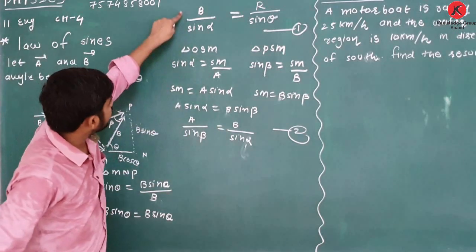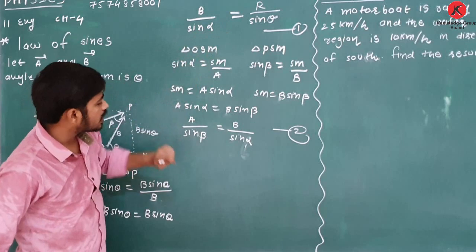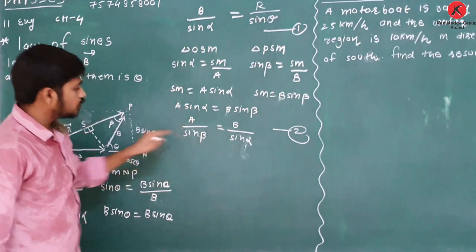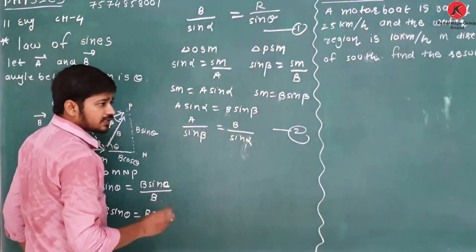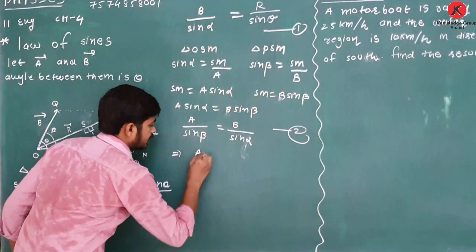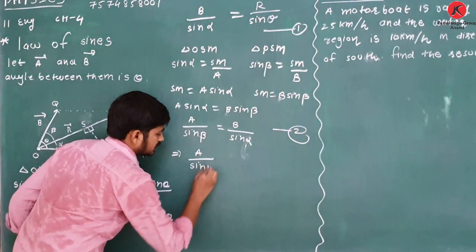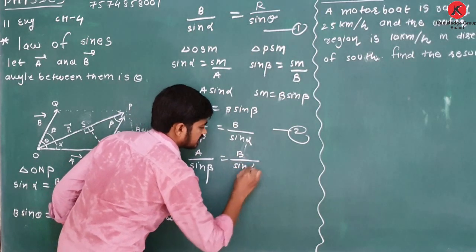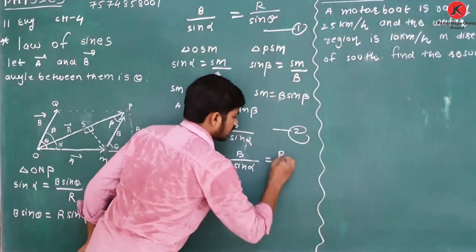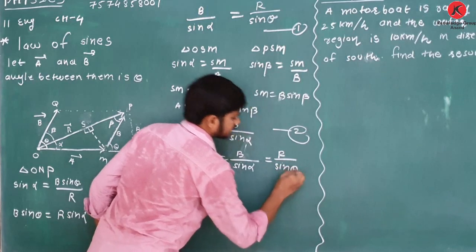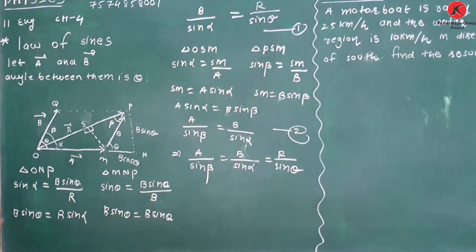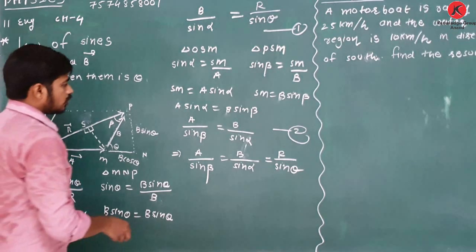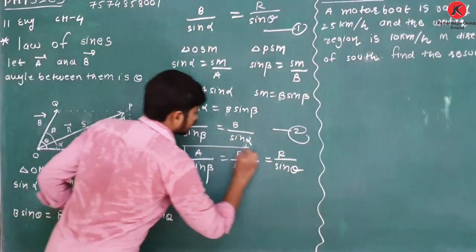B upon sine alpha is equal to R upon sine theta, and B upon sine alpha is equal to A upon sine beta. If you combine these, you will get A upon sine beta is equal to B upon sine alpha is equal to R upon sine theta. Clear about this? So it is called the law of sines.